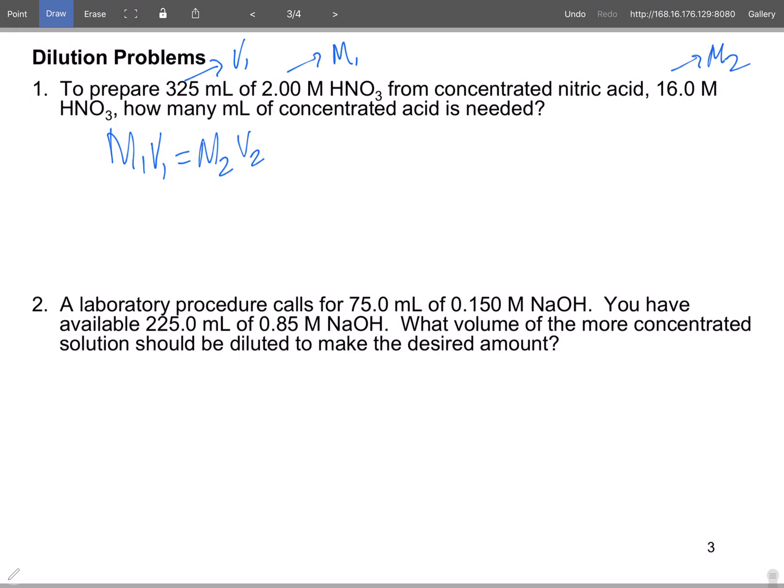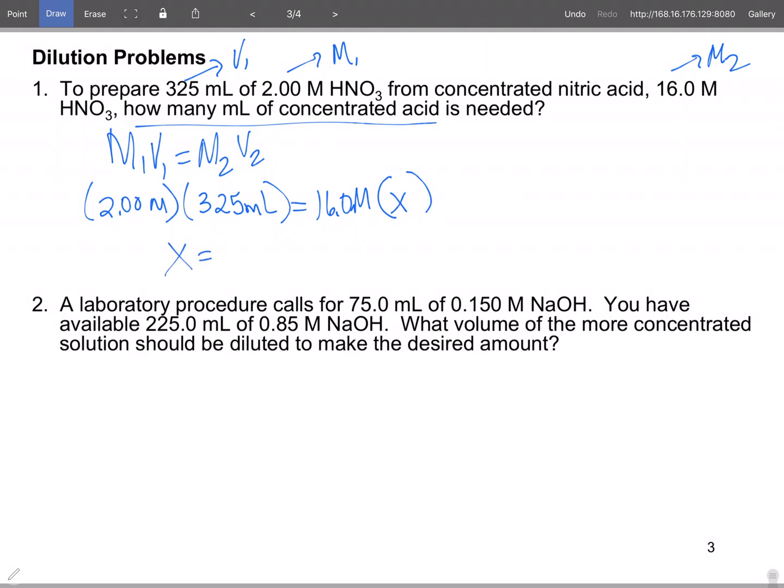So that being the case, we're going to take 2.0 molar times 325 milliliters is equal to 16.0 molar times X, because what you're looking for is the milliliters you need for the process to occur. So if we set this up, X is equal to 2.0 times 325 milliliters molar divided by 16.0 molar, you're going to get 40.625 milliliters.